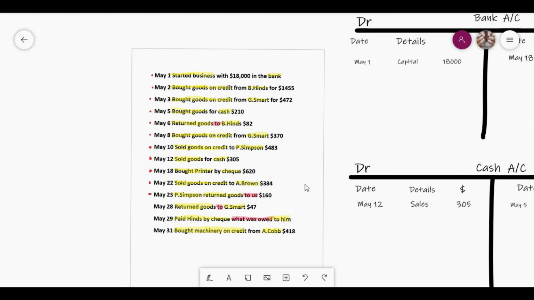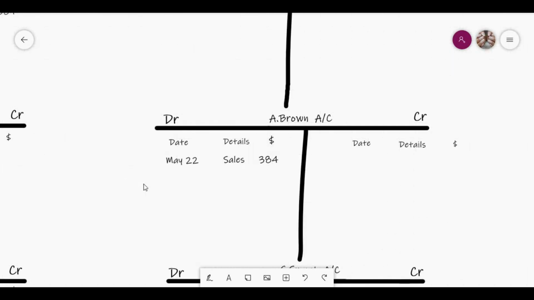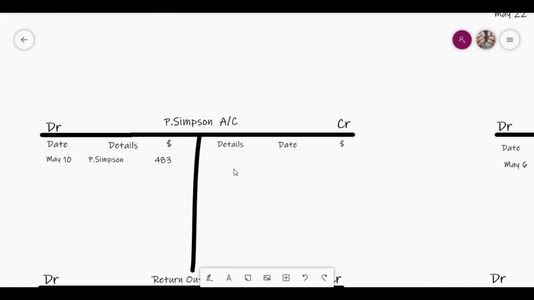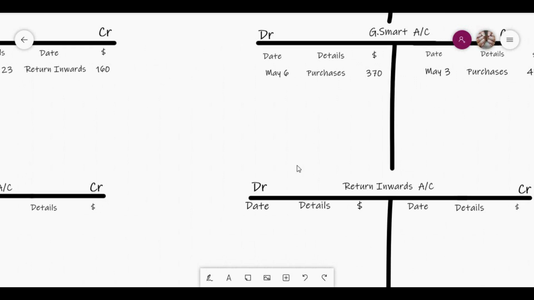Return inwards is always debited. It is the opposite of return outwards. So it is going to be credited under P. Simpson's account and debited under the return inwards account, and the details will change accordingly.